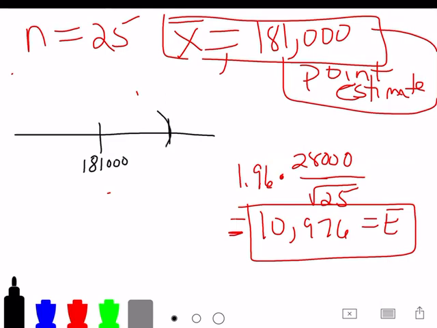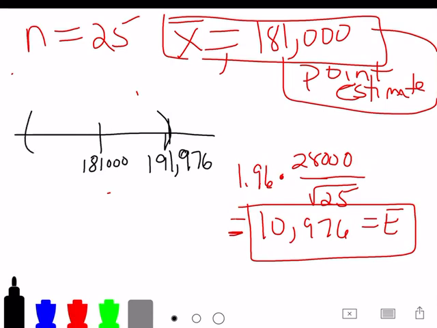First I'm going to find the right-hand endpoint. I saw my margin of error on my calculator, 10,976 is already on my calculator. I'm just going to hit plus, so I don't have to type that over again. 181,000. I get 191,976 on the right-hand endpoint.